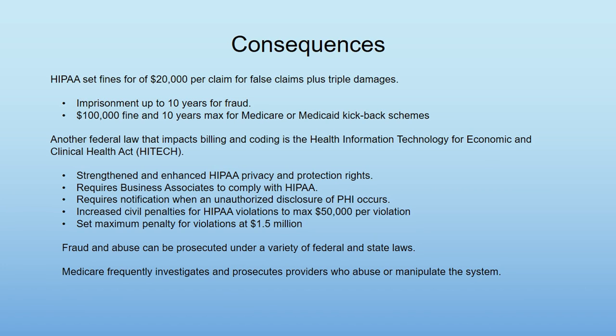It requires notification when there's any unauthorized access or disclosure of health information. It increased civil penalties for HIPAA up to $50,000 per violation, and it set a maximum penalty for violations at $1.5 million. So fraud and abuse can be prosecuted under a variety of federal and also state laws.